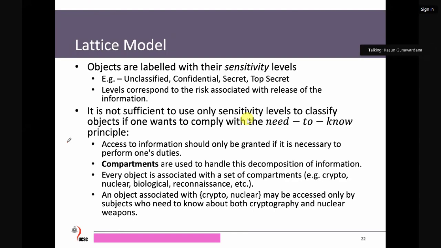We need some other aspect in this model framework. Access to information should only be granted if it is necessary to perform one's role. That is what we call the need-to-know principle. And compartments are used to handle this decomposition of information. So every object is associated with a set of compartments.